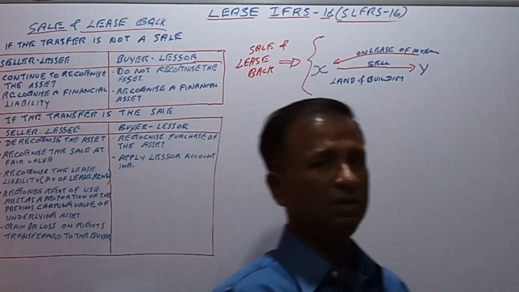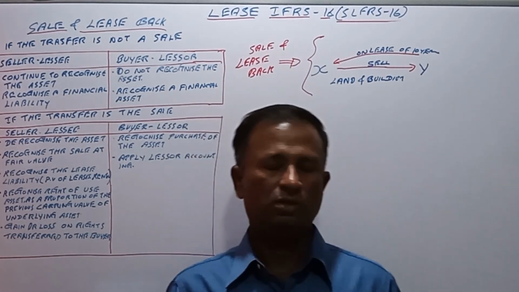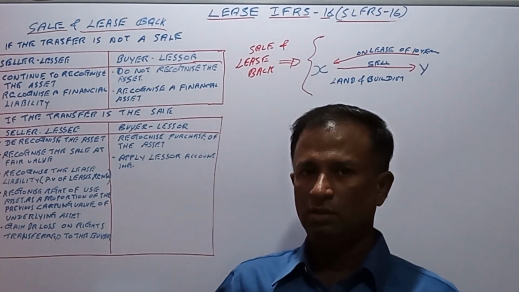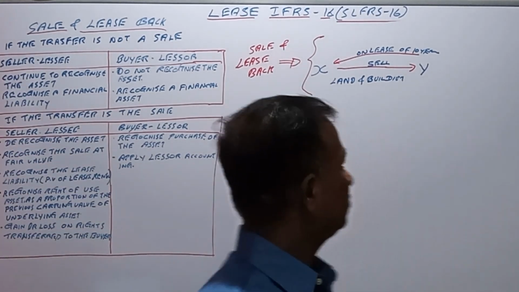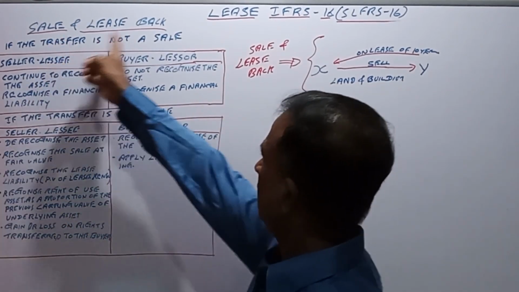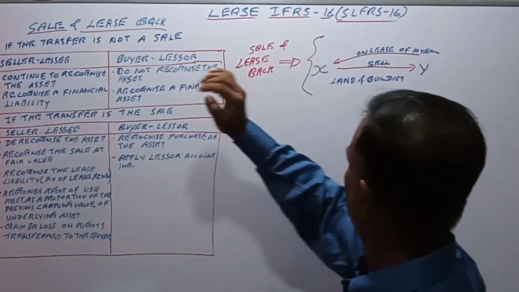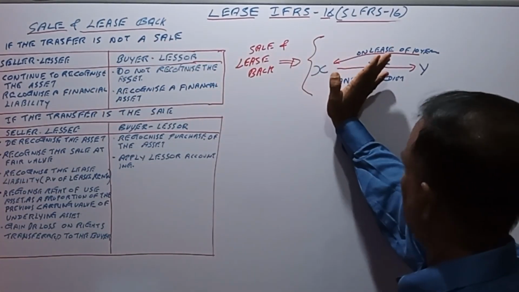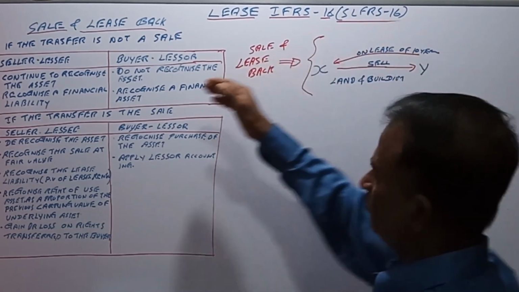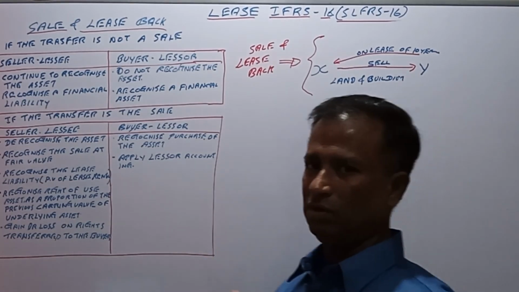Ownership of the property you may get or you may not. That depends on both of their agreement. That's what we decided: sale and lease back, if the transfer is not a sale. That means sell it and lease it back, and at the end of the year you will get the property, the ownership.